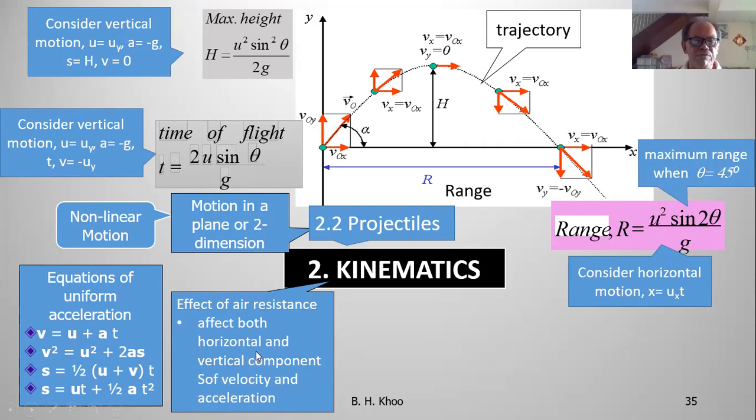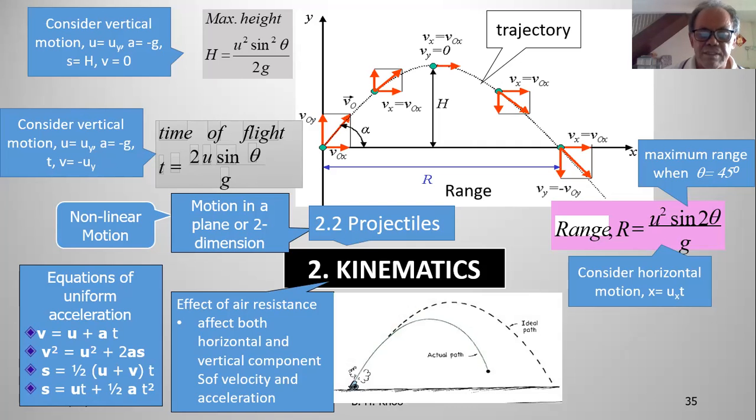It affects both the vertical and horizontal components, so it affects the velocity and acceleration. So the height is lower where there's air resistance, and the range is also lower, because the horizontal and vertical components are affected.